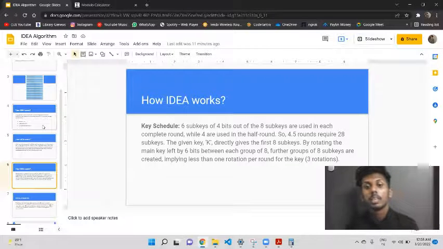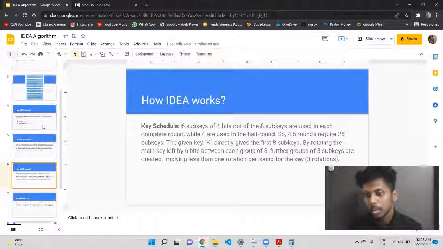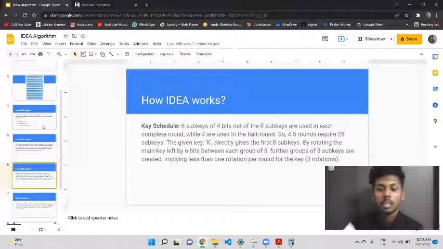The given key K directly gives the first 8 subkeys. By rotating the main key left by 6 bits, each further group of 8 subkeys is created. We will be shifting 6 bits to create each set of keys for each round. So further 8 subkeys are created, implying less than 1 rotation per round for a key.